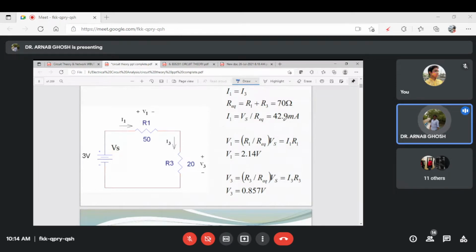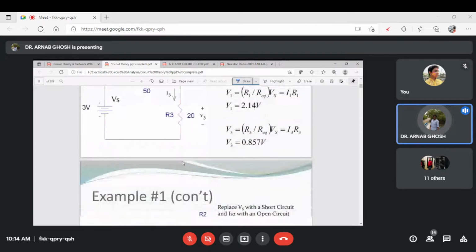So you are getting the current as 42.9 milliampere. This is a series circuit, so I1 will be equal to I3. Both currents will be equal to 42.9 milliampere, and you can calculate the voltages using the voltage divider rule. So you are getting 2.14 and 0.86 volts across the 50 ohm and 20 ohm. Okay, so this is easy.